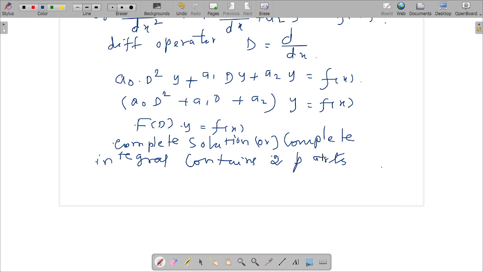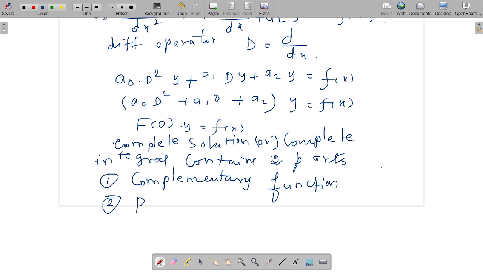The complete solution or complete integral contains two parts. One is the complementary function, and the second one is the particular integral. I already sent the video material on finding the complementary function and particular integral.